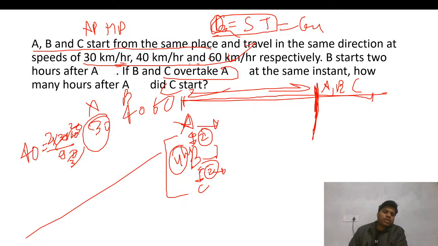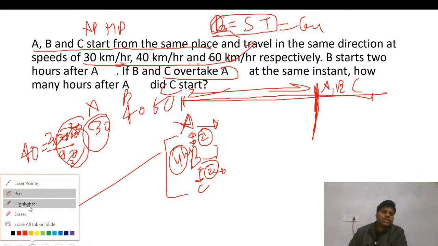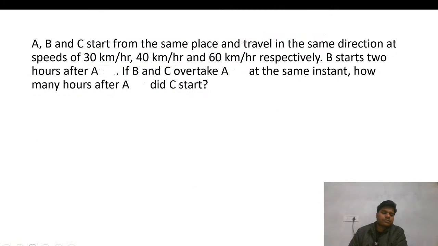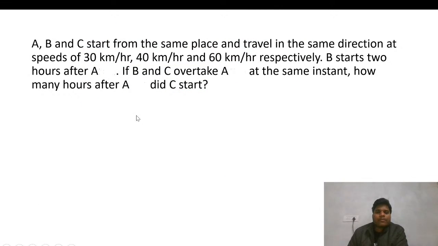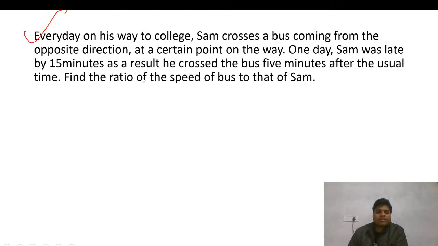So for 30, 40, 60, how will you check that these are in HP? For HP, this should be the harmonic mean.